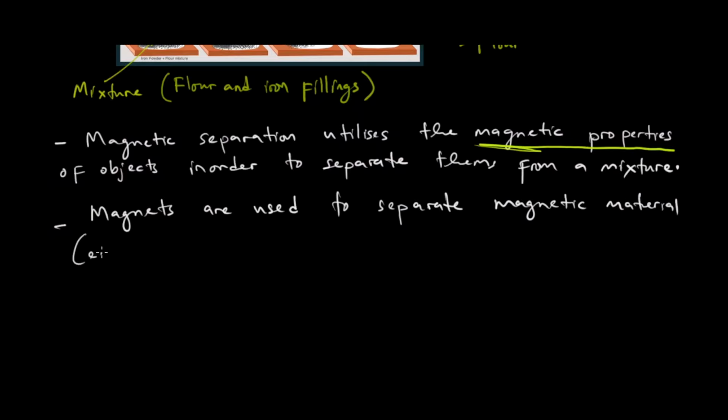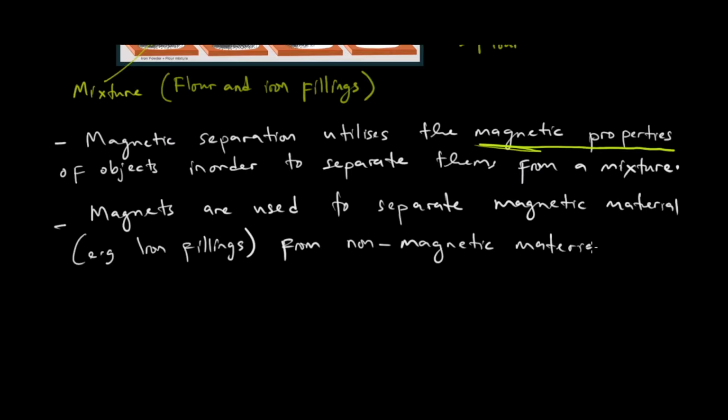Tokono as example panapa iron fillings from non-magnetic material. Panapa ndopata kusachi flour yedu like that.